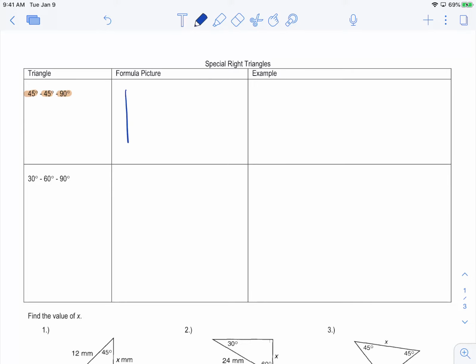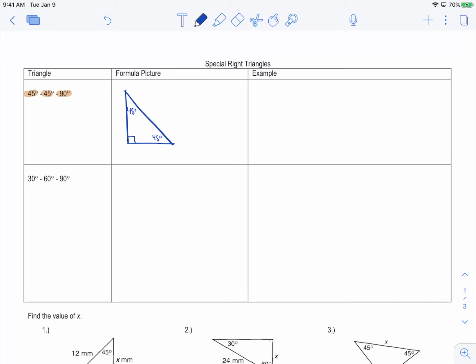But to save some time, I'm going to create a triangle that hopefully looks like it has equal length legs. And this is 45 degrees, and this is 45 degrees. So I have a 45, 45, 90.